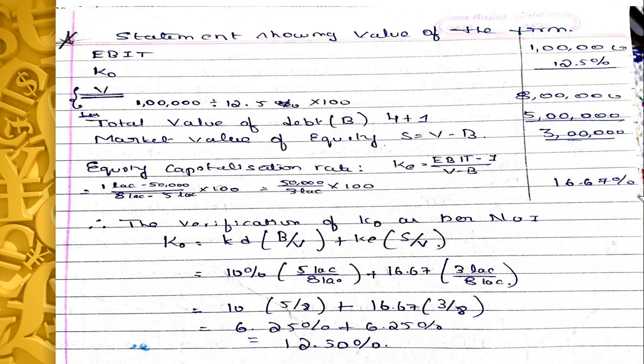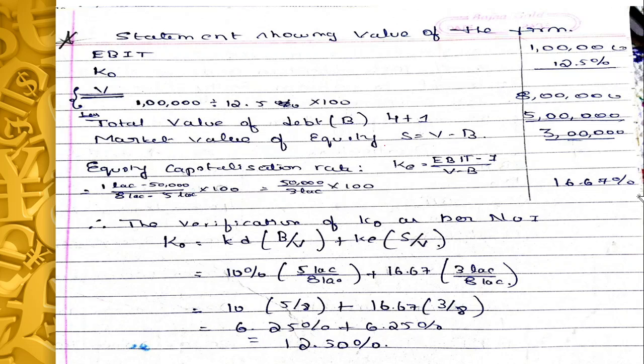So the equity capitalization rate is EBIT minus I divided by V minus B, or it can also be EBIT minus I divided by S, where EBIT stands for earning before interest and tax. I is not represented by small letter i.